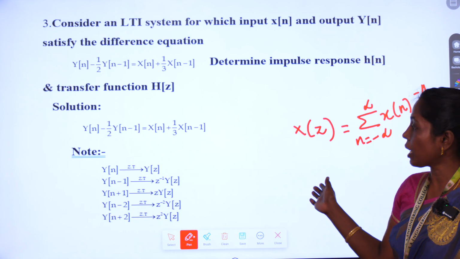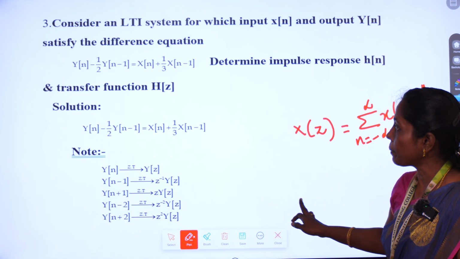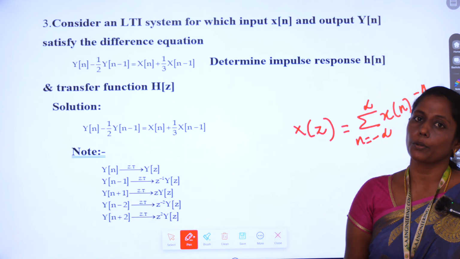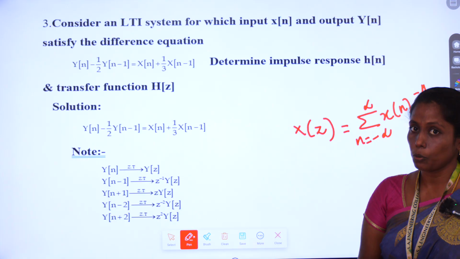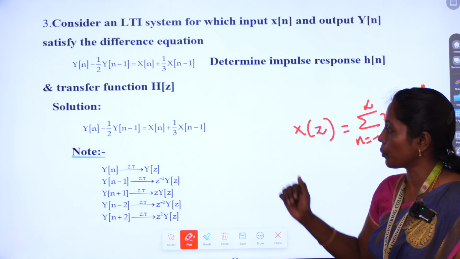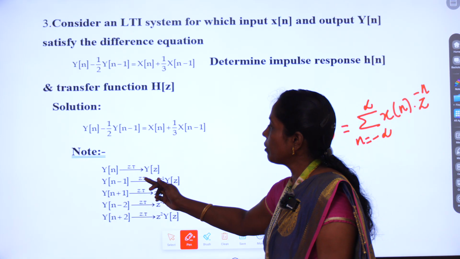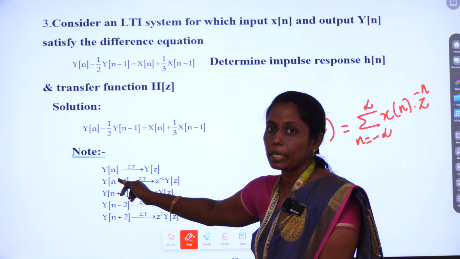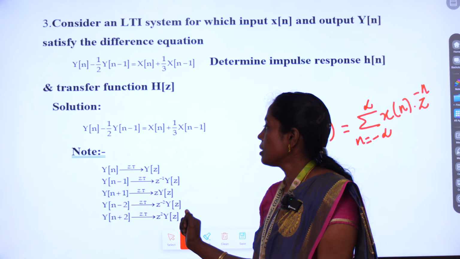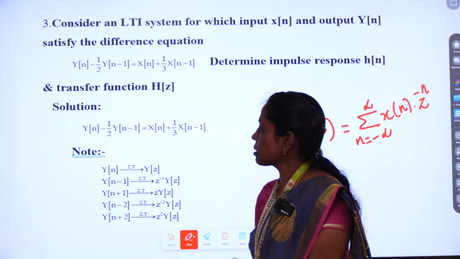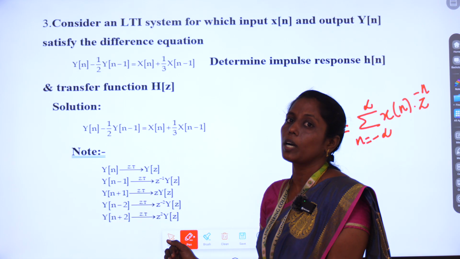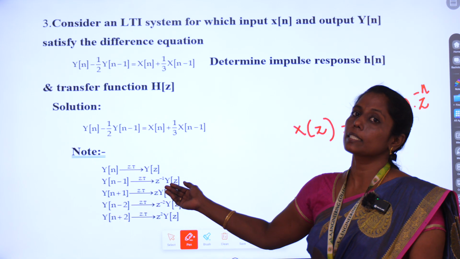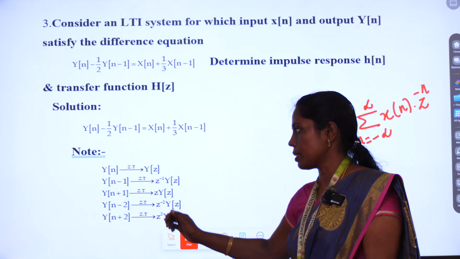First, we have to apply Z transform to this given difference equation. So what is the Z transform for y of n? It is Y of z. Similarly, for the term y of n minus 1, we have to apply the time shifting property of the Z transform.